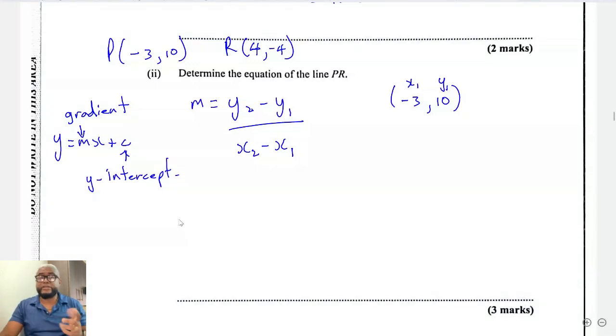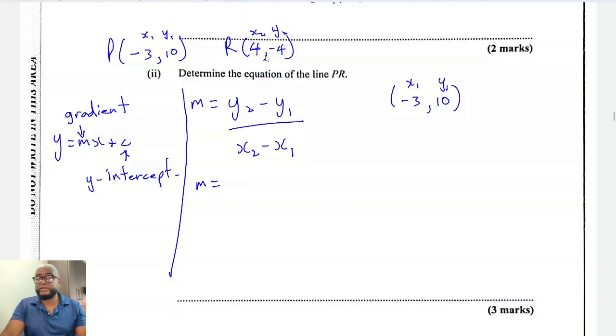Right, so let's find our gradient. Call it out for me. Gradient is equal to y2 minus y1 over x2 minus x1. I put my little x1 here, my little y1, my little x2, my little y2. Go. Negative 4 minus 10 over 4 minus negative 3. So my gradient is what?